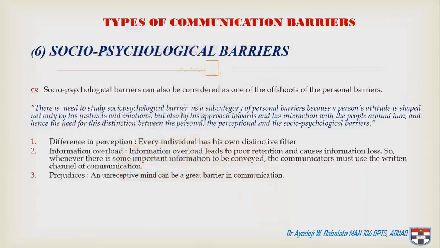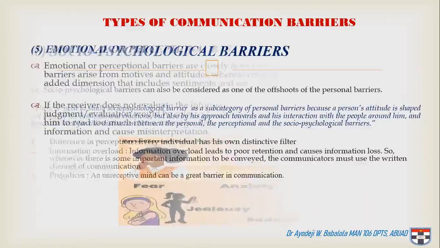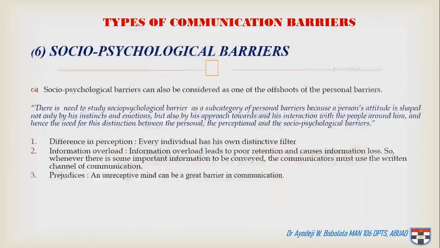Psychological barriers are the sixth category of barriers and are an offshoot of the personal barriers, and they're also related to emotional barriers, the emotional barriers that we just treated. So there's need, I'm coaching now.